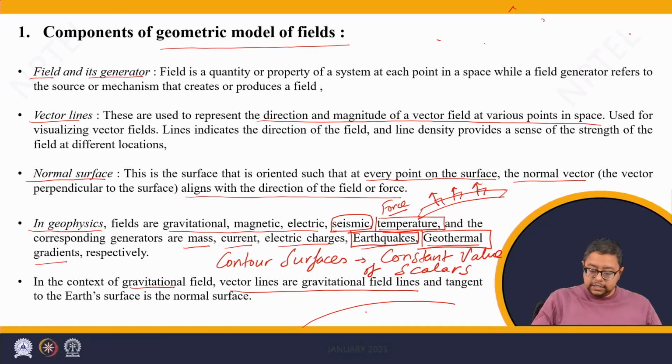So let us consider this as the Earth's surface. The tangent to the Earth's surface is the normal surface.